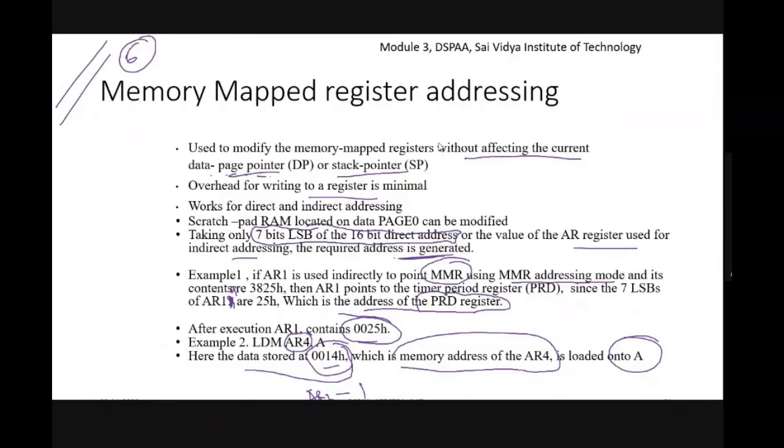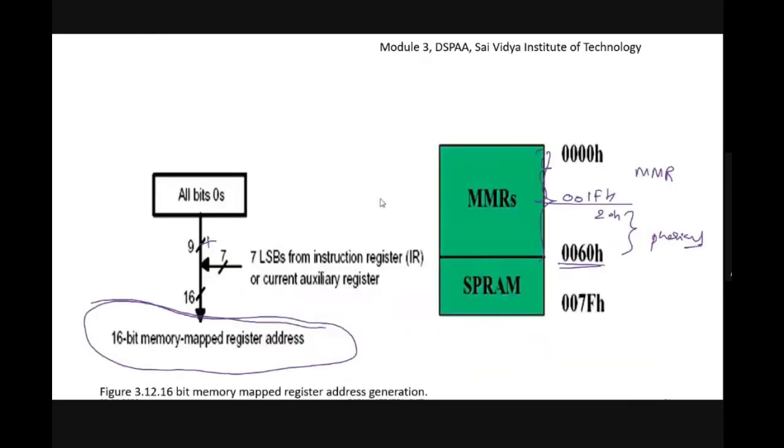We have also learned memory mapped registers. We have a dedicated field for memory mapped registers in the TMS320C54XX processor. That one we discussed in the previous class with a symbolic representation, that is memory mapped registers from 000H to 0060H, and the scratchpad RAM we have from 60H to 7FH.